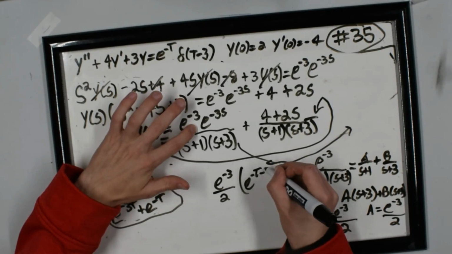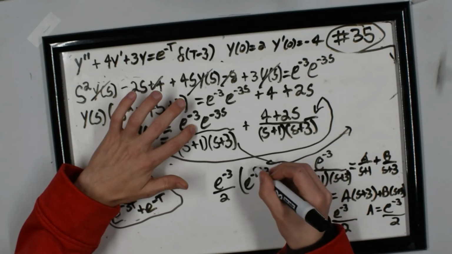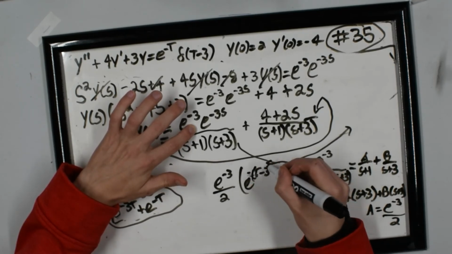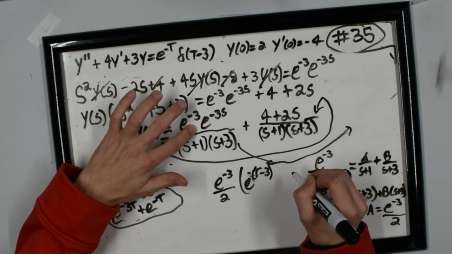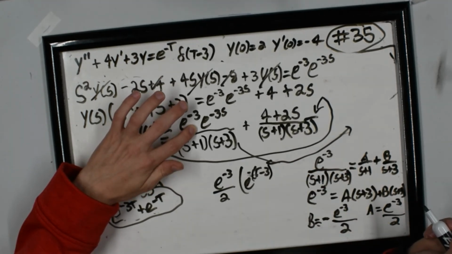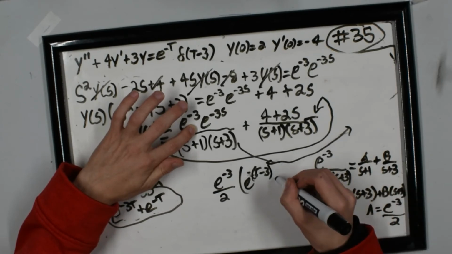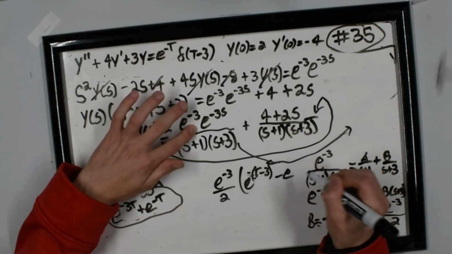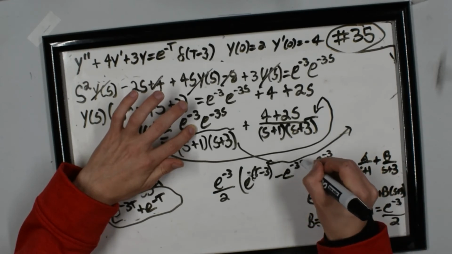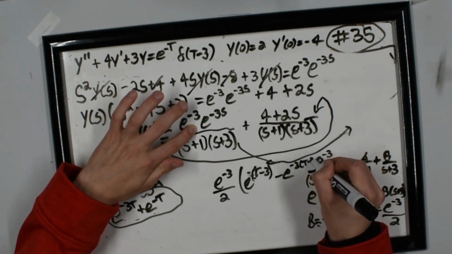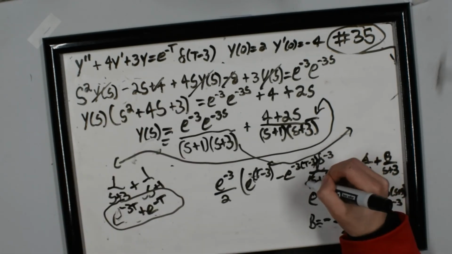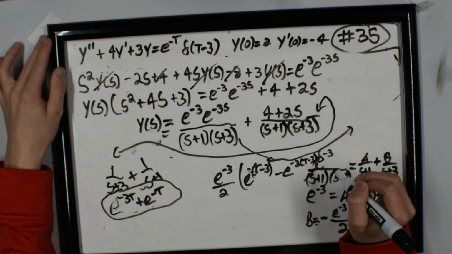So we need to do t minus 3. So e to the negative (t minus 3), and the t minus 3 is in parentheses. And then b is negative, so we're going to have minus e to the negative 3, and in parentheses t minus 3. And then that whole thing is in parentheses as well.